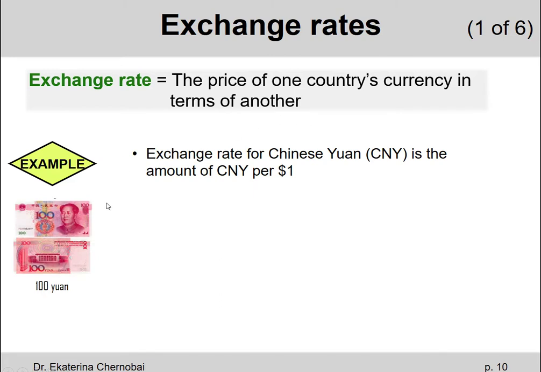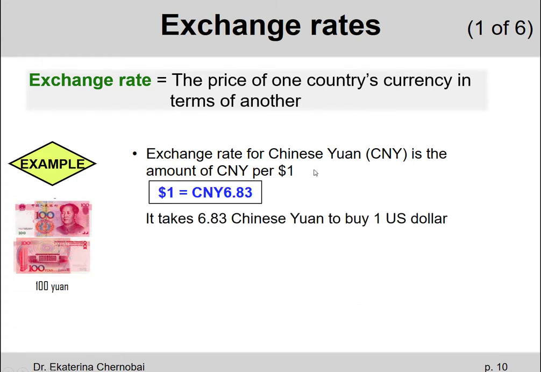As an example, let's say we are looking at the exchange rate between the US dollar and the Chinese yuan, CNY. The exchange rate for Chinese yuan is the amount of Chinese yuan per $1 because it's really the price. Let's say that's 6.83 Chinese yuan per $1.